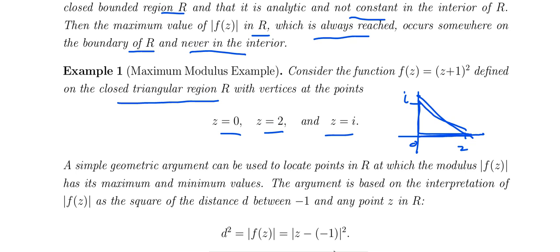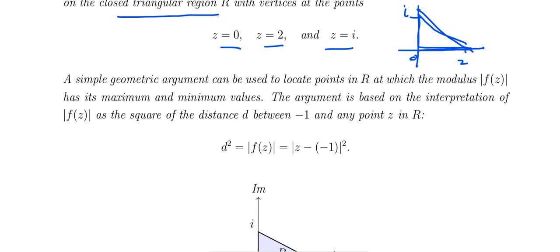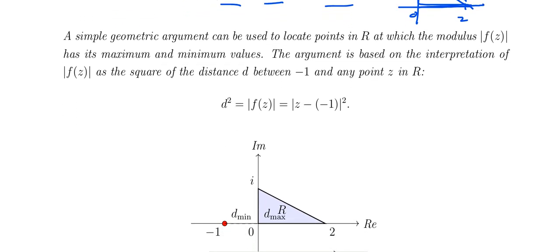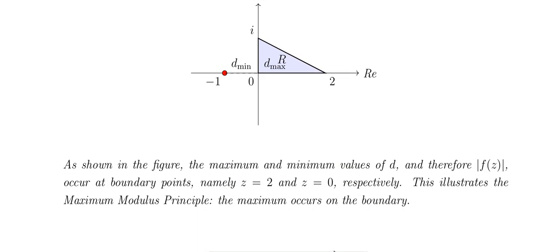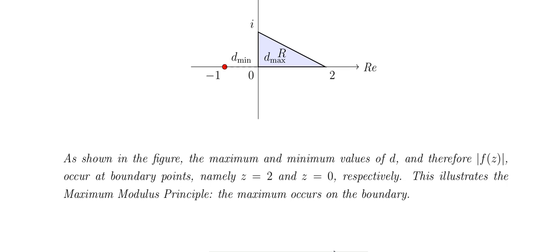The argument is based on the interpretation of mod of f of z as the square of the distance d between -1 and any point z in R. So d square equals mod of f of z, that is z minus (-1) whole square, that is z plus 1 whole square, the function given.